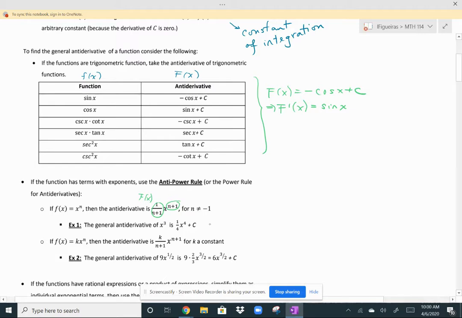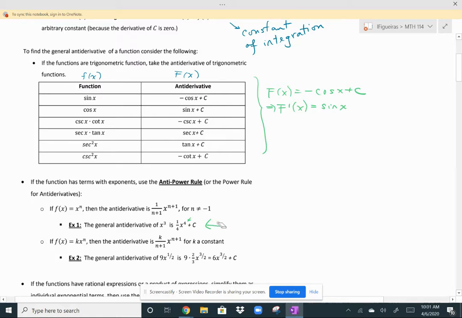Here's an example. If you want to know what the antiderivative of x cubed is, you add 1 to 3 to give you 4, and then you multiply by the reciprocal of 4, which is 1/4. So the antiderivative of x cubed is 1/4 x to the 4th plus c.